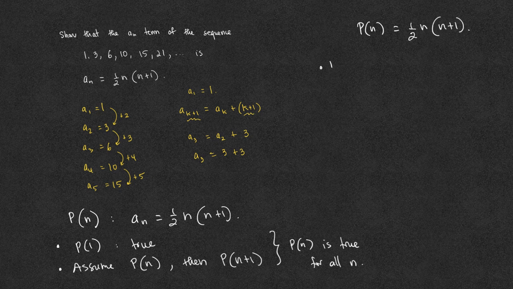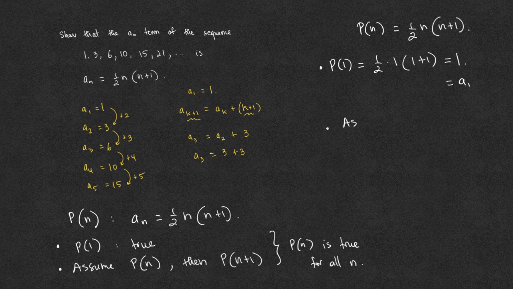We see that p sub 1 equals 1/2 times 1 times 1 plus 1, where n equals 1, and this is 1. This is a sub 1, so it is true. P sub 1 is true. So we showed the first case.